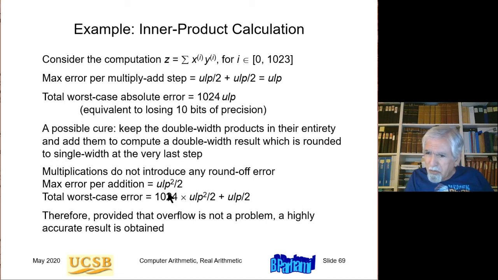So this part is 2 to the minus 37, whereas this part is 2 to the minus 24. Okay, so this can be pretty much ignored, and therefore you have a fairly small error. You lose basically at most 1 bit of precision as opposed to 10 bits up there.